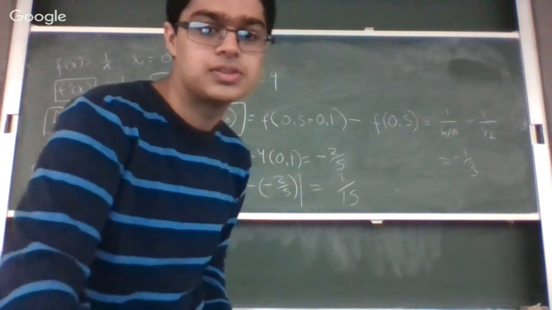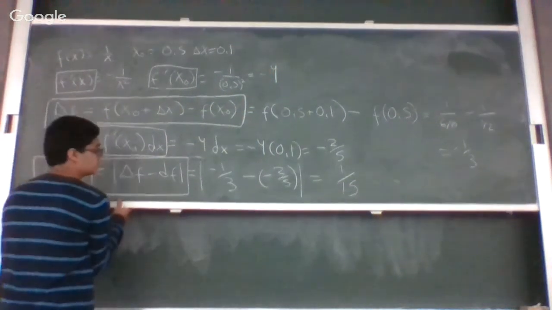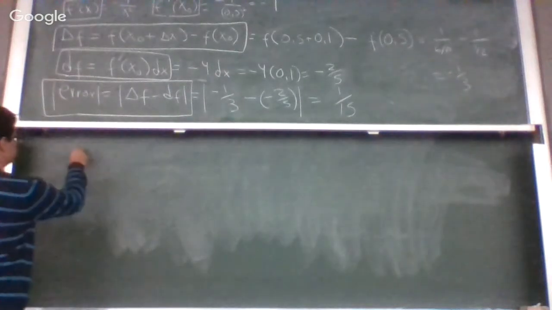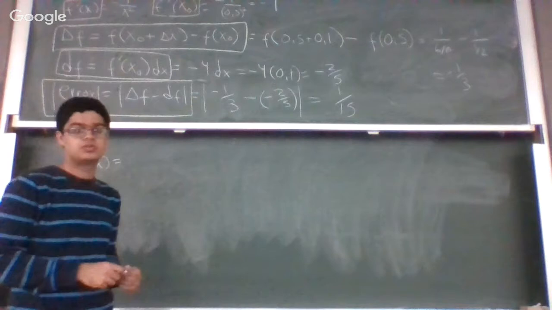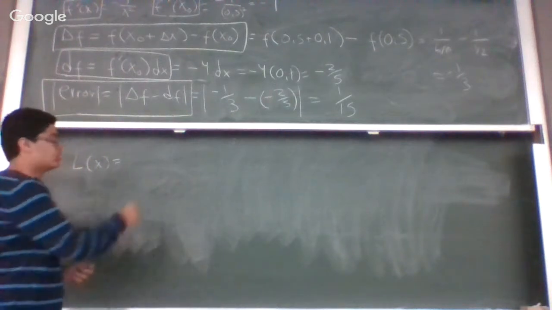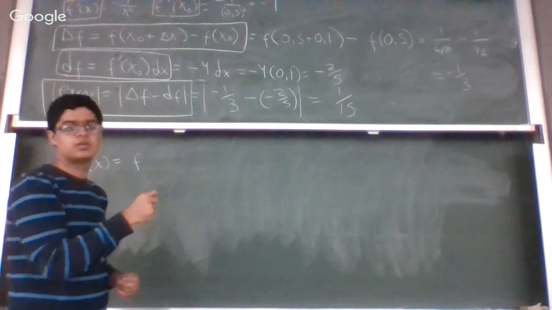And then I'll just go through some formulas. So the linearization L of x is equal to, I think they said this is just going to be on the video, right? L of x.